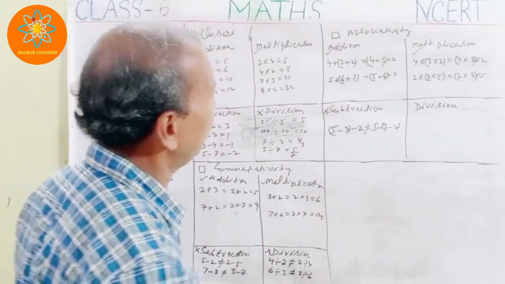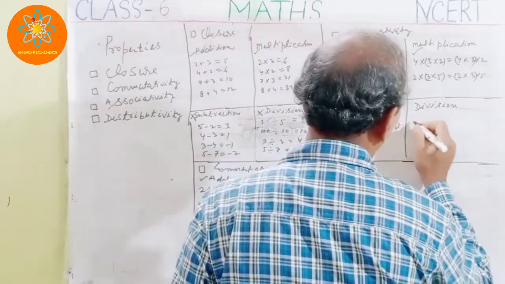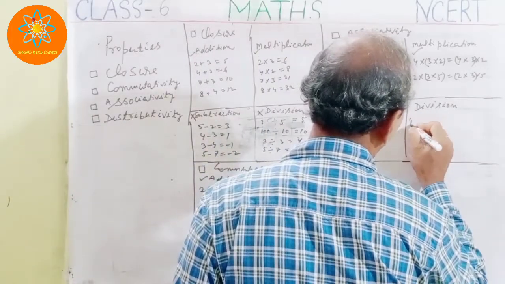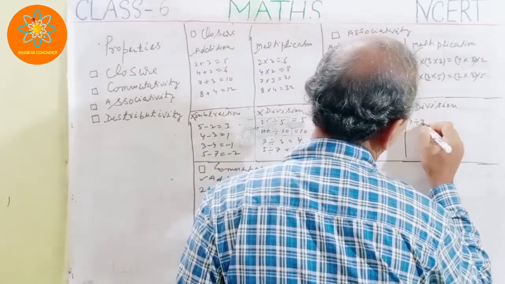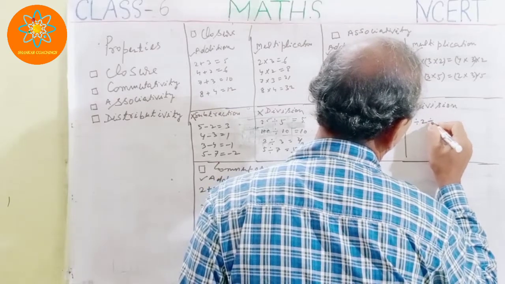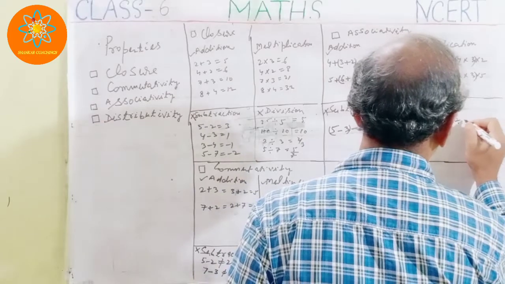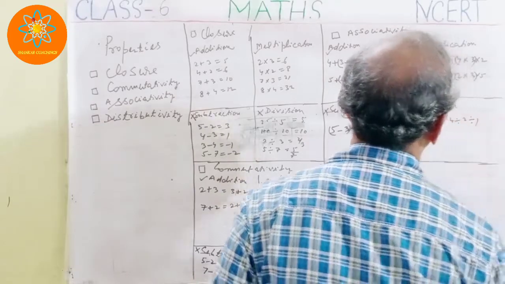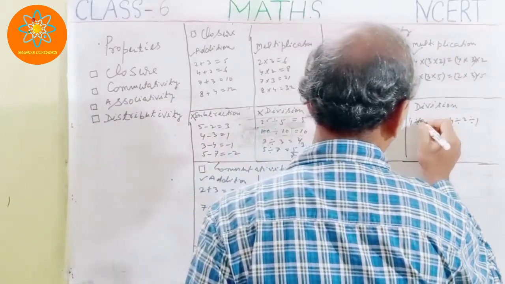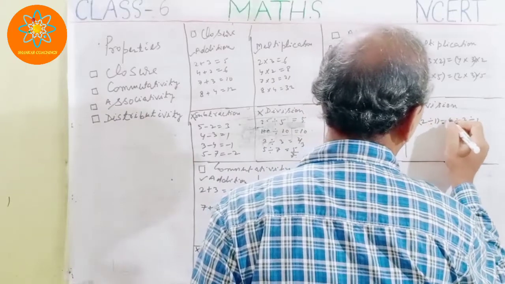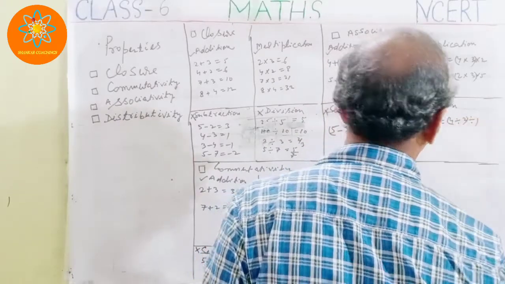Now come to the next one. Next one is the division. For division, let's suppose I have 4 divided by 2 divided by 1. So here also 4 divided by 2 divided by 1. I am taking the bracket like this, then this is like this.